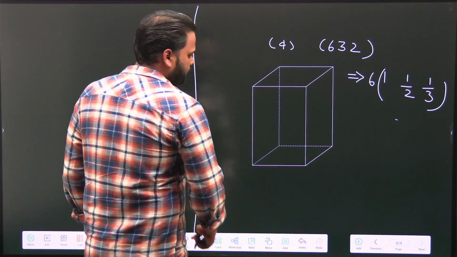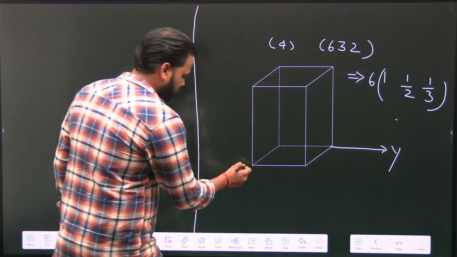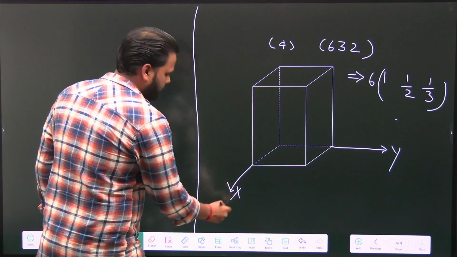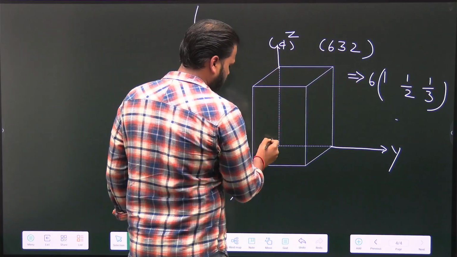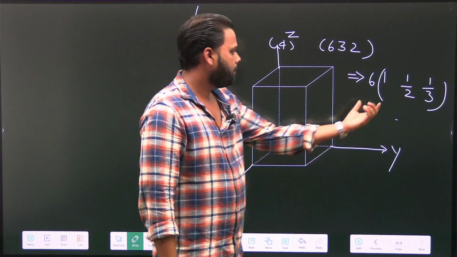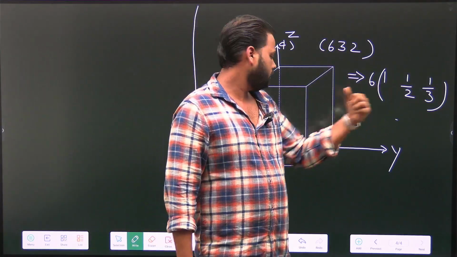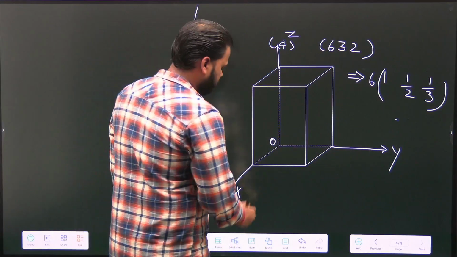So let's draw. It should be a y. This is our x, and this is Z. This should be origin. Okay. Now intercept on A कितना होगा?